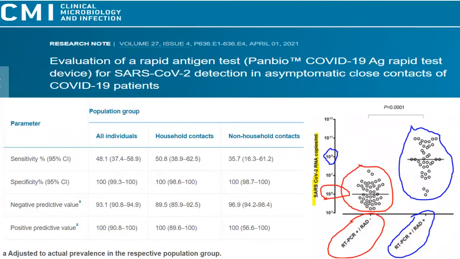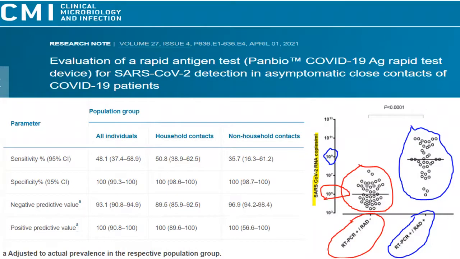As you can see, the red circle shows the number of false negative results when compared with RT-PCR, and the blue circle shows the number of true positive results reported by the antigen rapid detection test when compared with RT-PCR. So you can see here that the SARS-CoV-2 RNA load was significantly higher in rapid antigen test positive patients than in rapid antigen test false negative individuals.